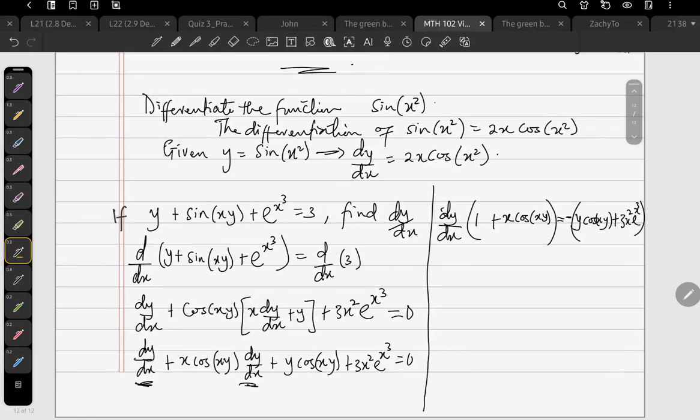Then what do I need to do to find the final answer dy/dx? I just divide both sides by 1 plus x cos xy.